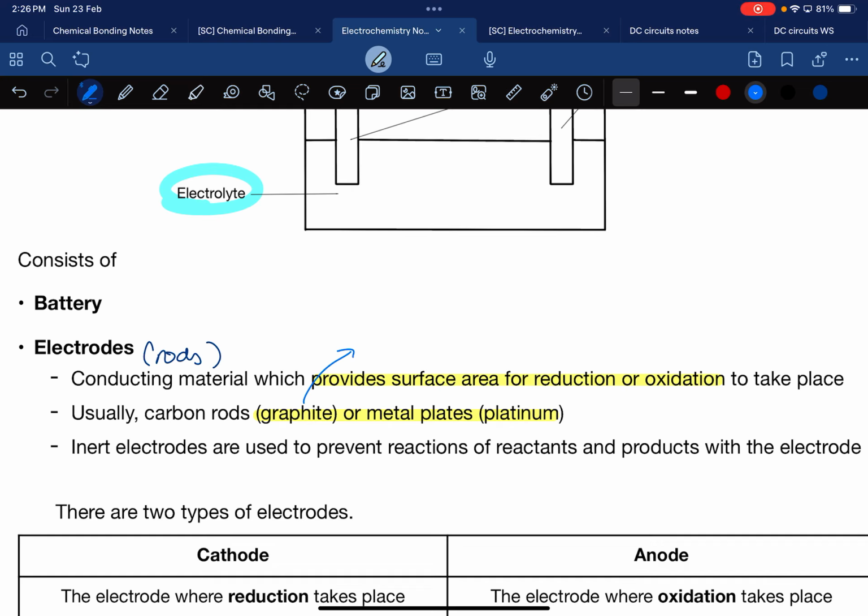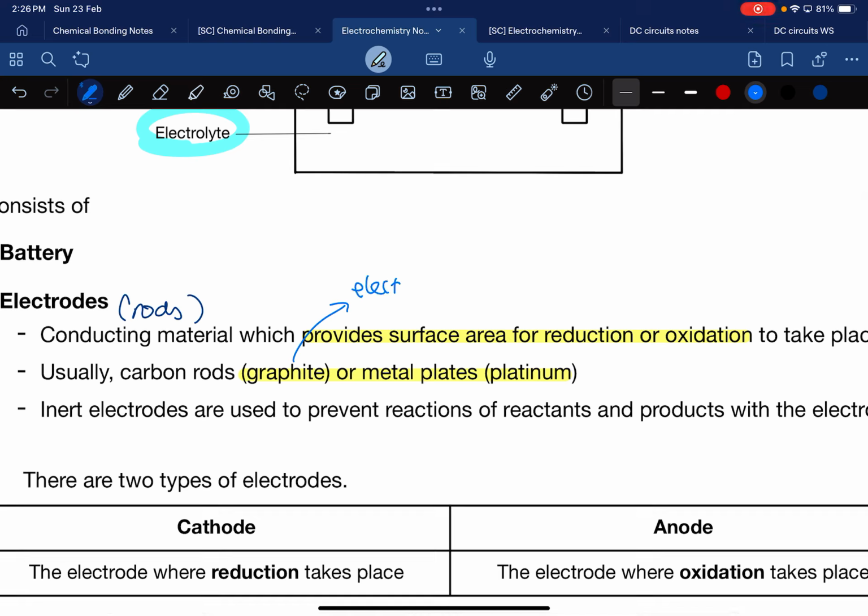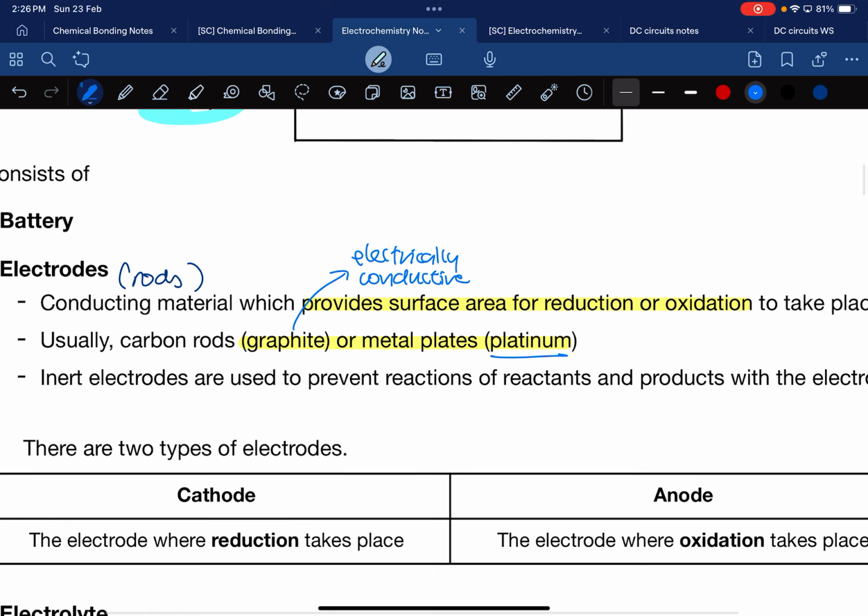Sure, giant covalent structure, hexagonal, whatever. I thought you were going to say electrically conductive. Graphite is the only covalent compound that can conduct electricity, isn't it? Because of your delocalized electrons between the layers of carbon atoms. Can you remember? Or alternatively, I can use platinum.